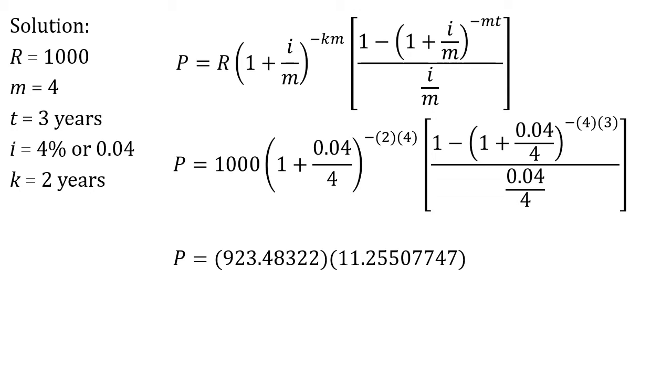And that's 11.2550747. Okay, and then multiply these two, it will give you 10,393.88. So, meaning to say, the present value of this deferred annuity is 10,393.88 pesos.